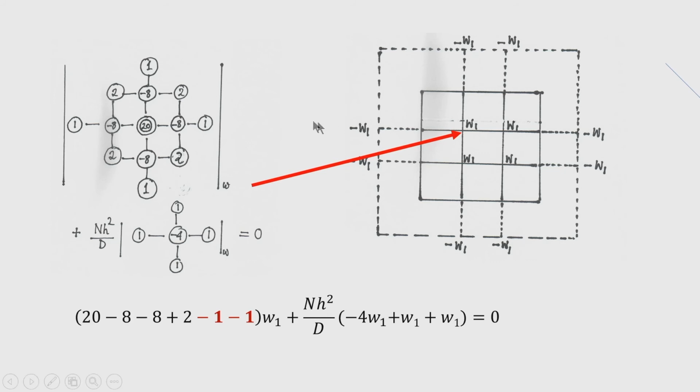Then on the other hand, this circle 2 is falling here, so this value is taken 2.